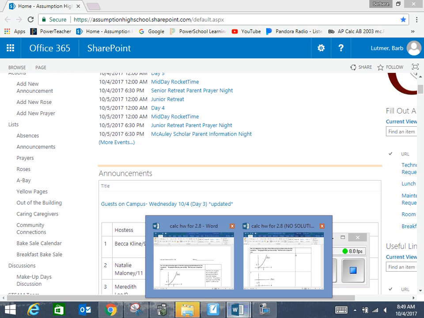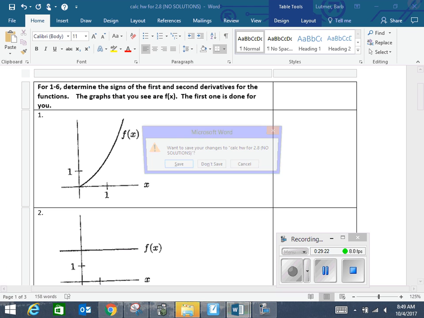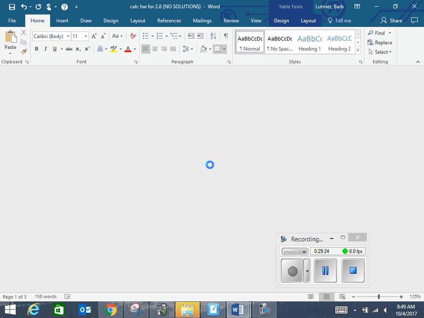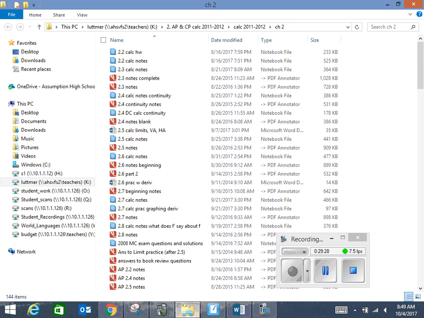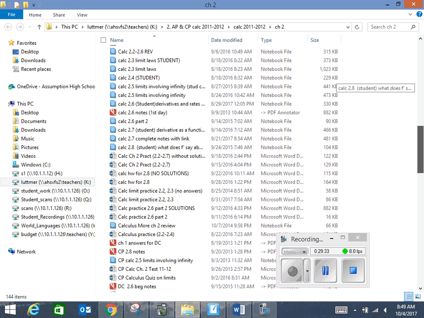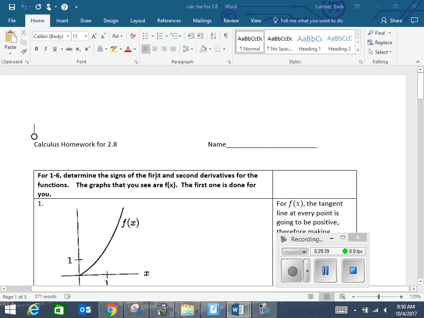All right, so this is what it looks like right here. Yes, you can do it on paper. Oh, wait, that's the notebook we were. I didn't open the one. Oh, okay. 2.8. All right. This is what it looks like.